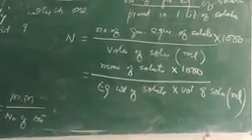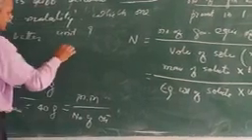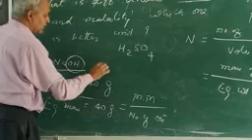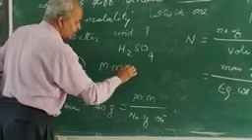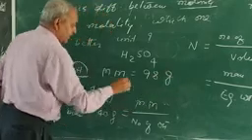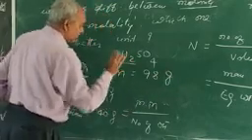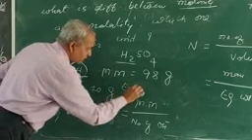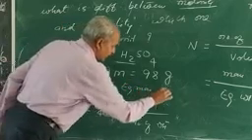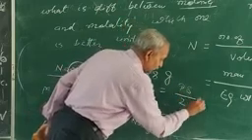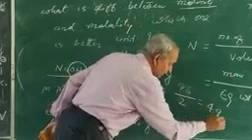For acid, suppose we have another example, sulfuric acid. Its molar mass, its molecular mass is 98 gram. The replaceable hydrogen ion, H plus ion, is 2, and therefore equivalent mass of sulfuric acid is 98 divided by 2, so it's 49 gram.